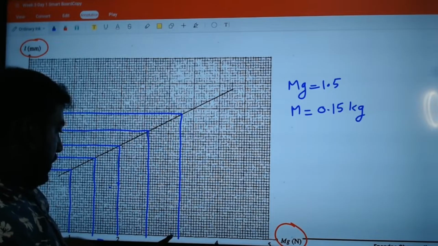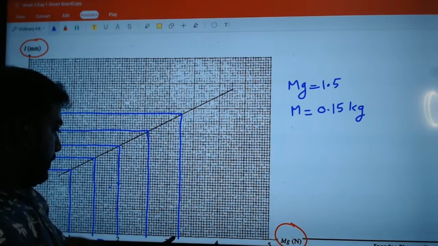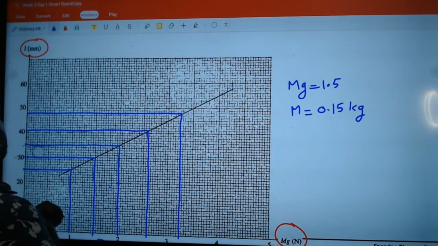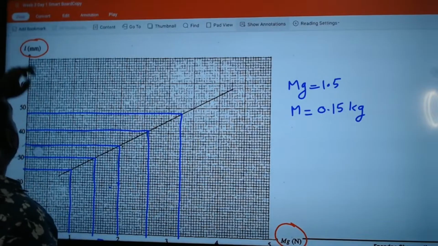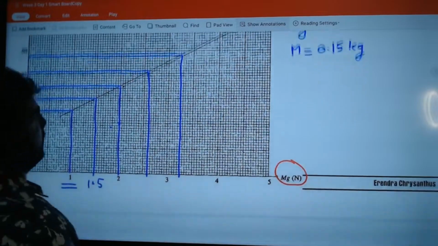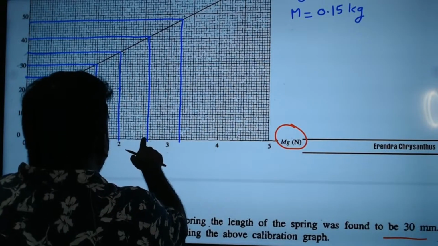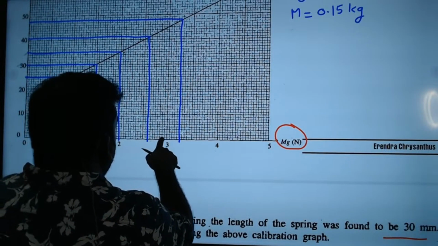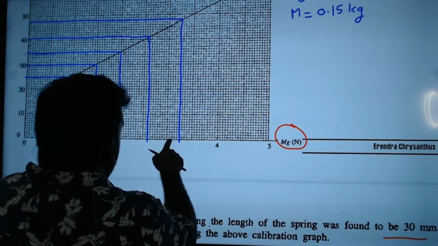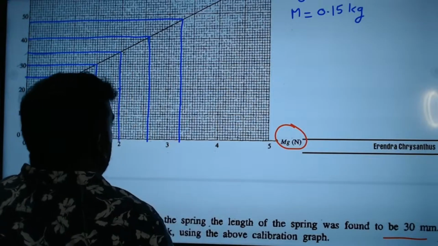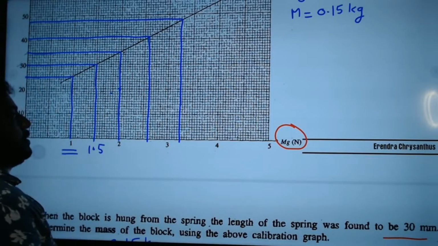3.2, 3.1, 3.2, 3.25. 1, 2, 3, 4, 5, 6, 7, 8, 9, 10. 3.1, 3.2, 3.25 in between.